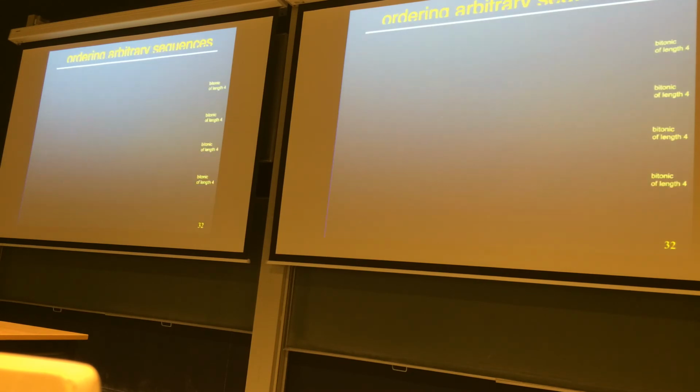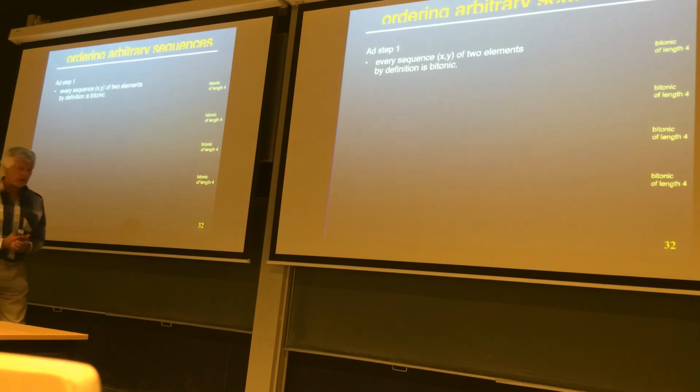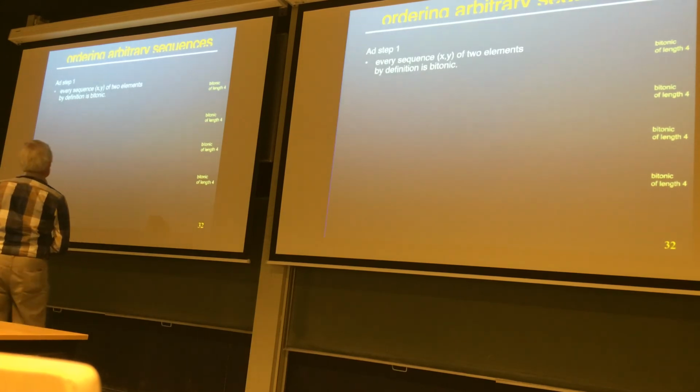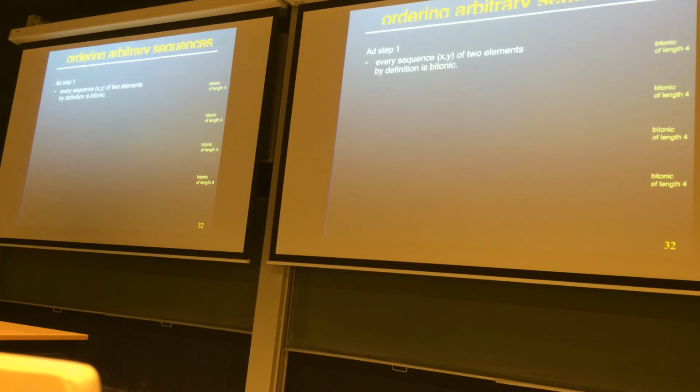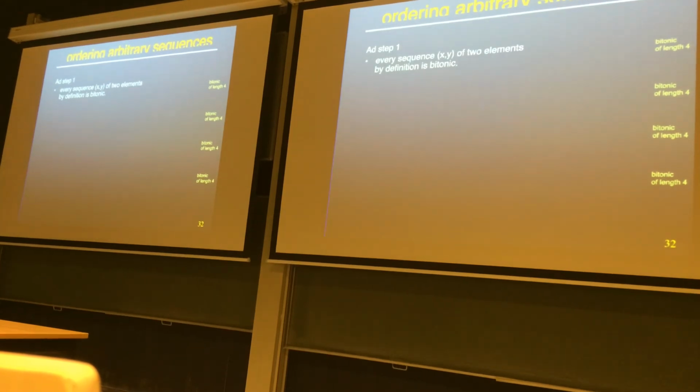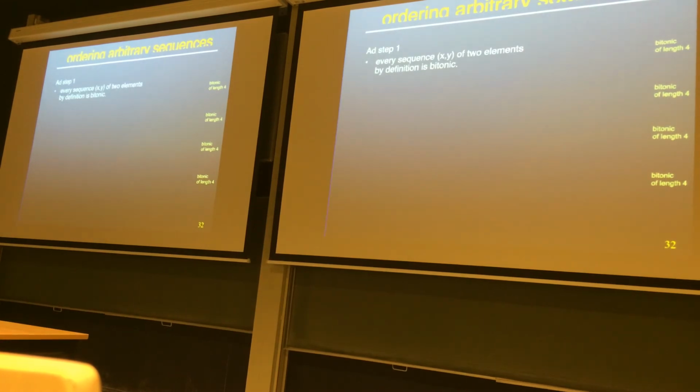So how to come up with the final result? If you have an arbitrary input, you distinguish in it subsequent elements that constitute a sequence of 2. Every sequence of 2 elements appearing in your original sequence is by definition bitonic: either x is less than or equal to y, or the reverse.